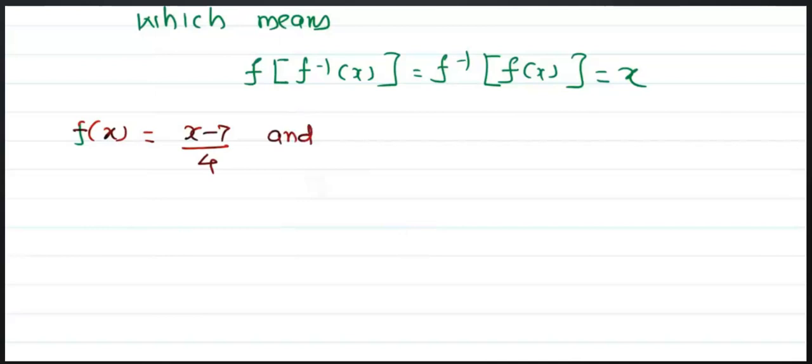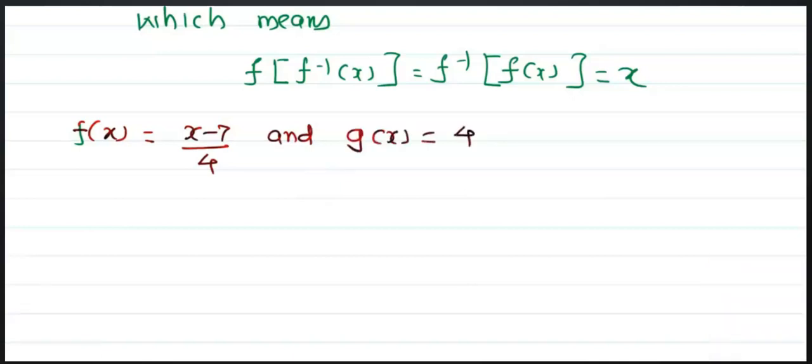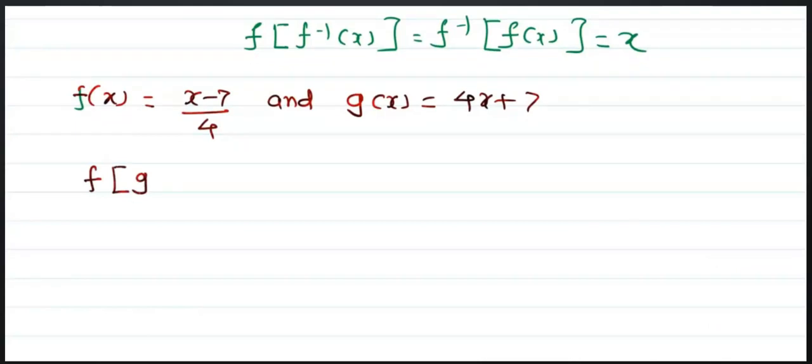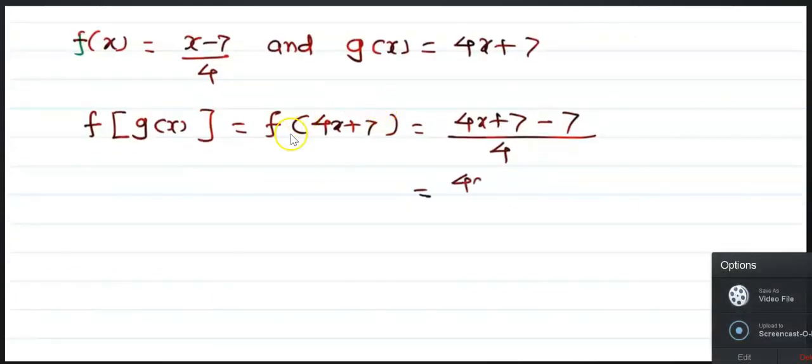Now we'll start the example. Now f of x is equal to x minus 7 upon 4 and g of x is equal to 4x plus 7. Now we'll find out FOG, that is f of g of x, that is equal to f of 4x plus 7.